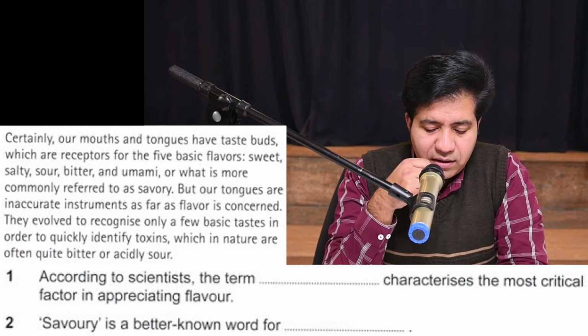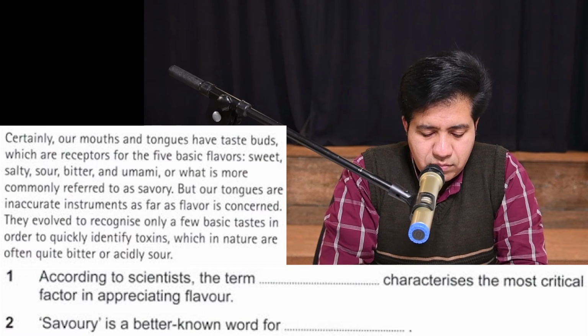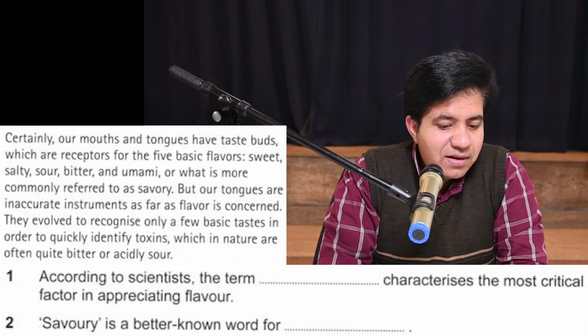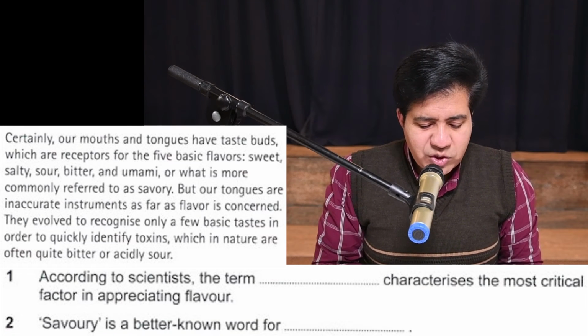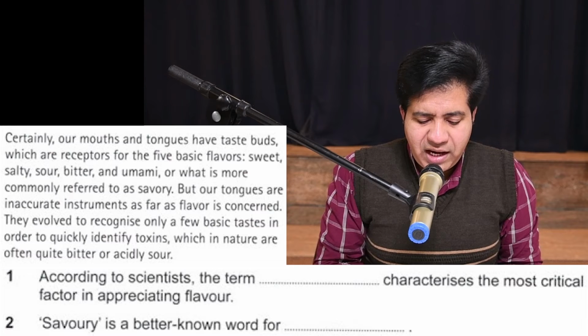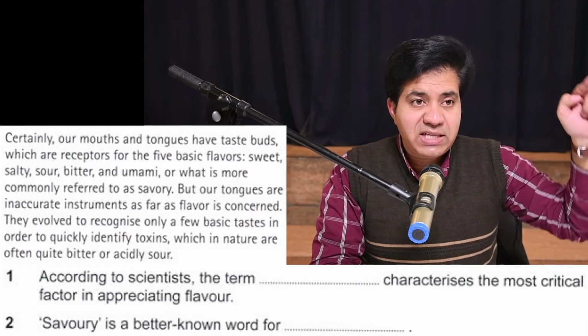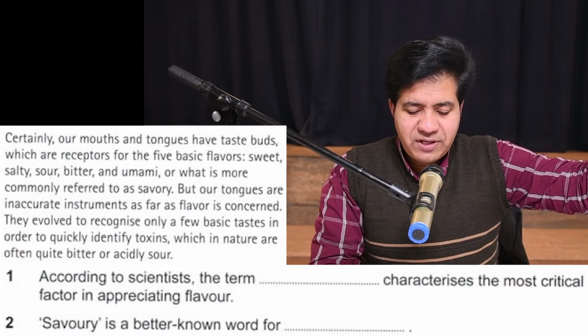Second paragraph. Come on, focus on this thing. Third line: sweet, salty, sour, bitter and umami, or what is more commonly referred to as savory. Umami, what is more commonly referred to as savory.